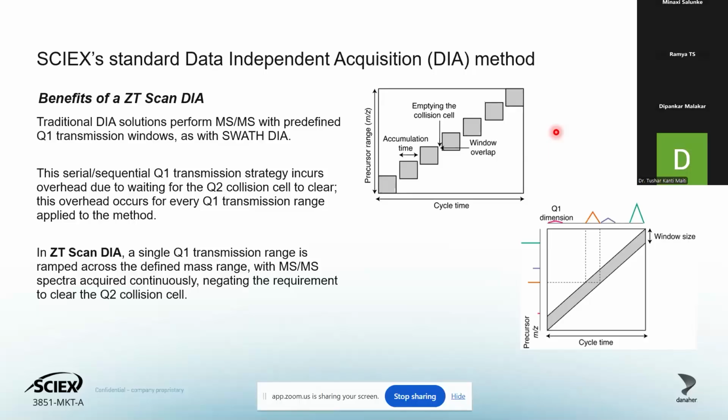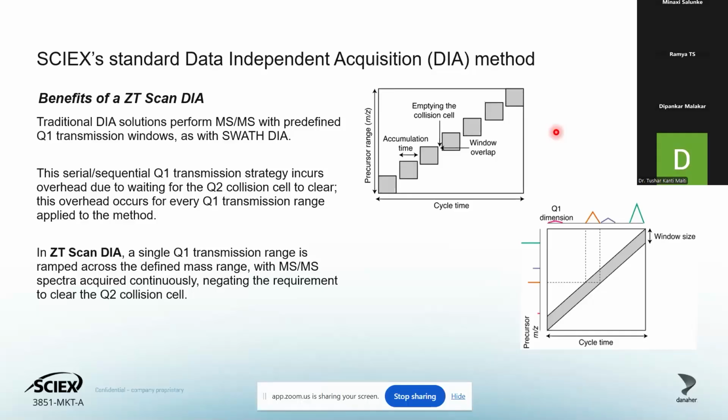So for high throughput analysis, this is a challenge. To address this problem, we have introduced a scan called the ZT scan. This ZT scan switches from the sequential MSMS acquisition to a continuous MSMS collection using Q1 scanning.